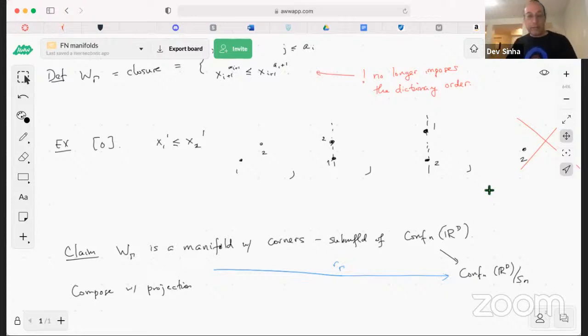So this is the kind of object. R gamma from W gamma to the unordered configuration space of points in R^D. This is a manifold with corners over a manifold without boundary. So this is a valid geometric cochain.